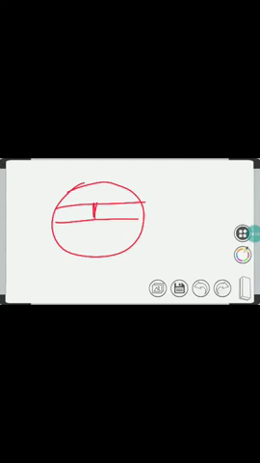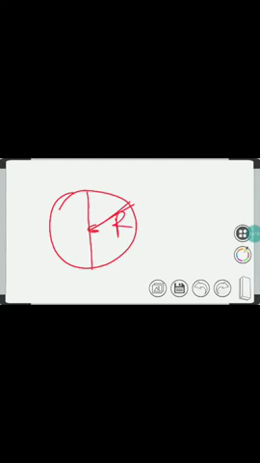So exactly, you can calculate it. You can go for the distance between two poles, and here also you can take the radius of the earth, and this way you can calculate the semicircular distance.